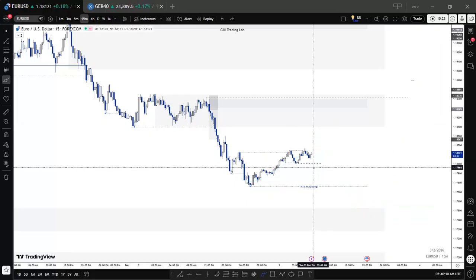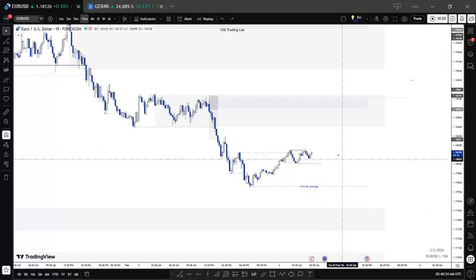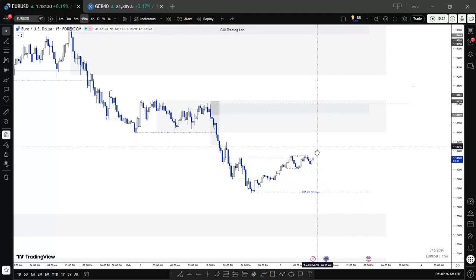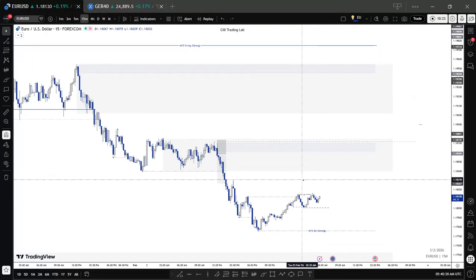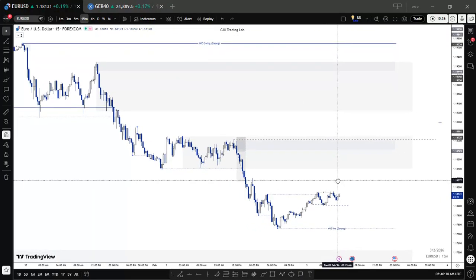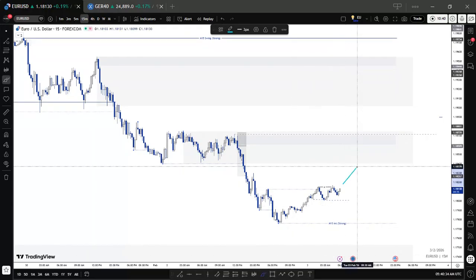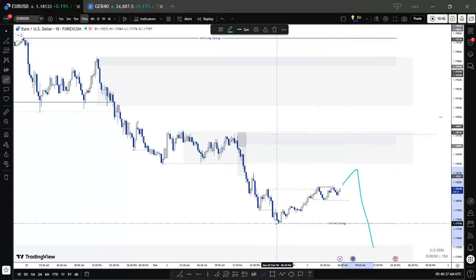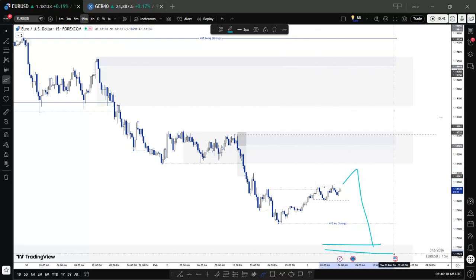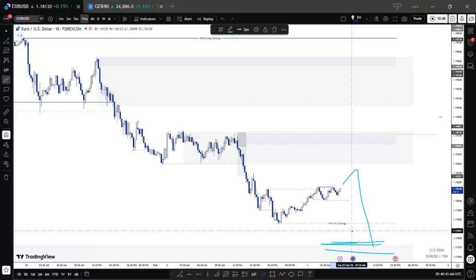So for shorts, if you want to get involved with shorts, currently shorts are phase B, which is aggressive. You're trading against the higher time frame, but it's still okay. It's still valid if you're anticipating price will form the next leg to mitigate this demand below, even the 4-hour demand and also the daily demand zones.